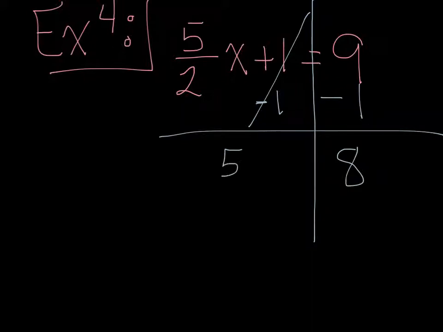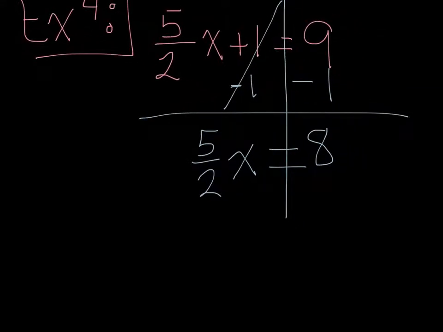And now I'm left with 5 halves x is equal to 8. So I have one more step to do. I mean, you could break this into 2 steps, but I prefer to do it in 1 just because it's faster. You could get rid of the 2 first so you could multiply by 2 and then divide by 5.